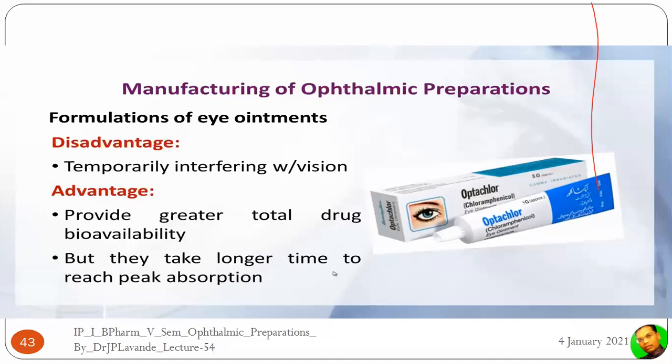But they take a longer time to reach peak absorption, because they contain a base, and the drug has to come out of this base and reach the systemic circulation. That's why it requires some time to show its action.